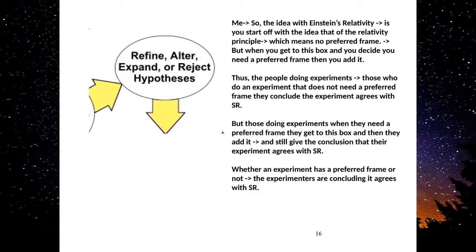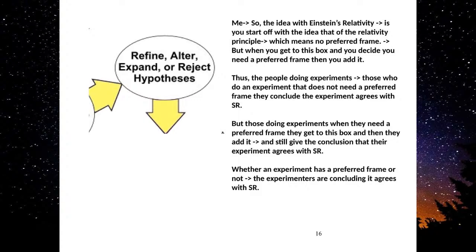So the idea with Einstein's relativity is you start off with the relativity principle, which means there's no preferred frame. But when you get to this box and you decide you need a preferred frame, then you add it.